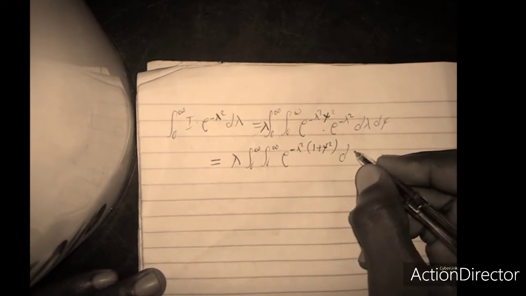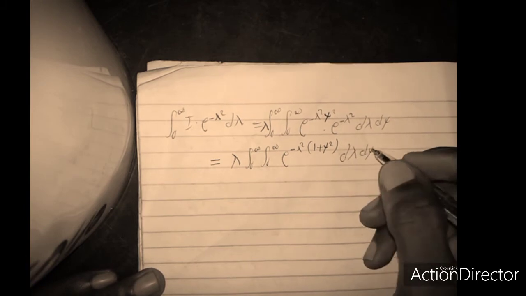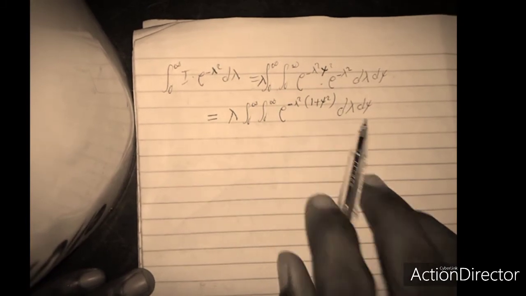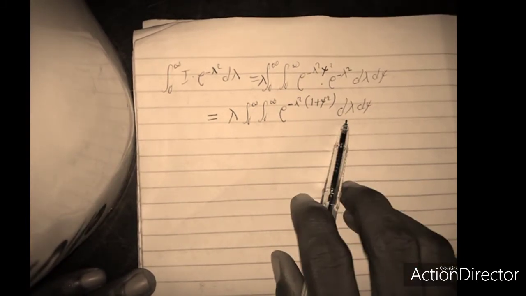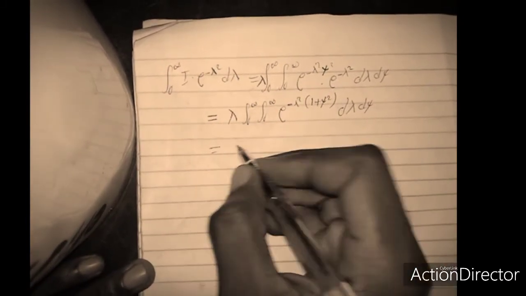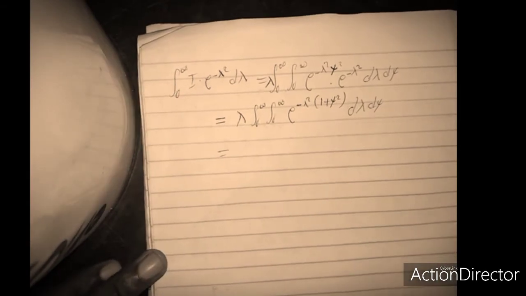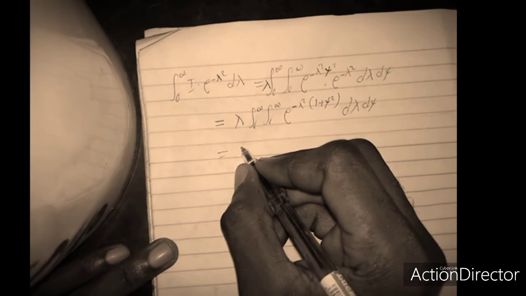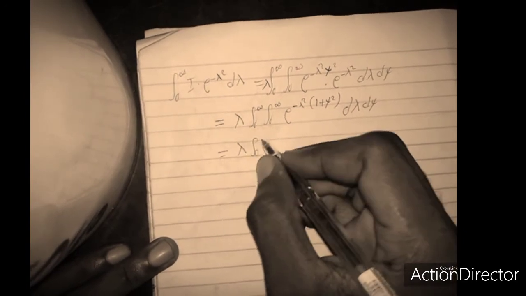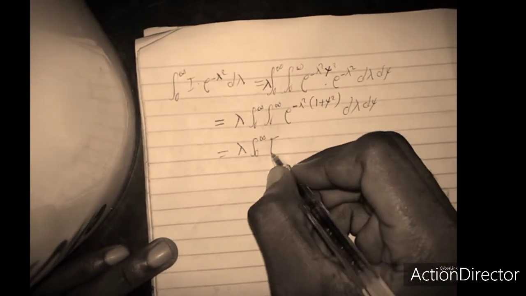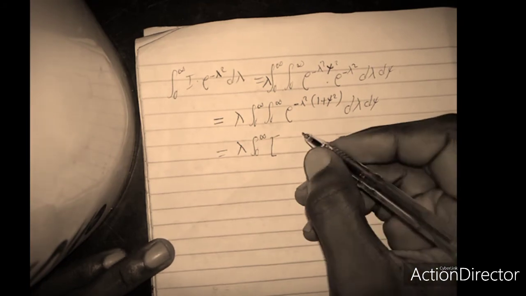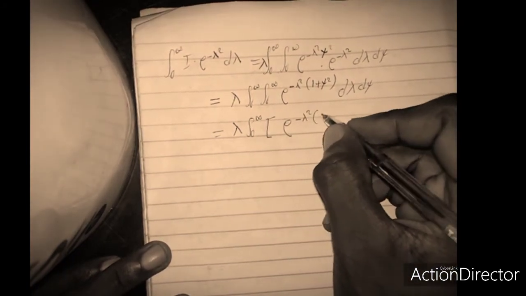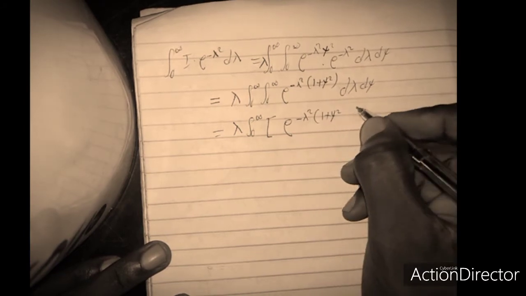So here I have the lambda d psi. So now I want to integrate this function with respect to lambda. That will be lambda. This my integral for psi, it will still remain the way it is. Now I will have e to the minus lambda squared times 1 plus psi squared.